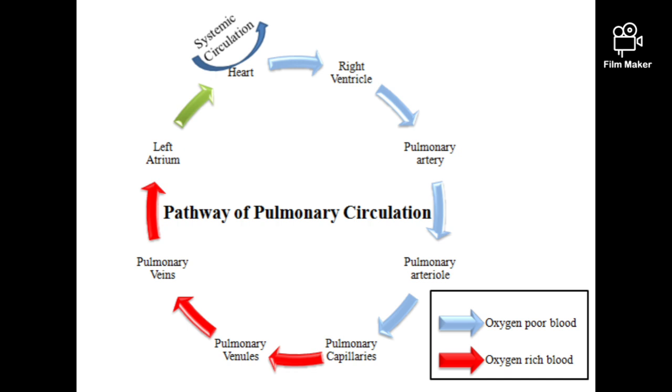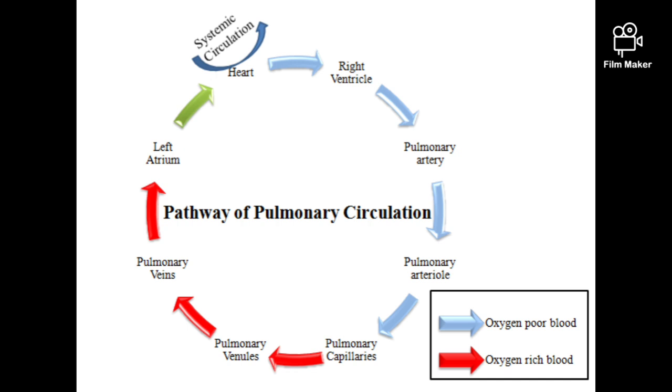The discussion is shown as a pictorial representation here. From the heart, the blood is shown in blue, because oxygen depleted blood is indicated in blue. From the heart, through the right ventricle, the pulmonary artery, the pulmonary arterioles and the pulmonary capillaries, the deoxygenated blood reaches, and across the gaseous capillary barrier the gaseous exchange happens.